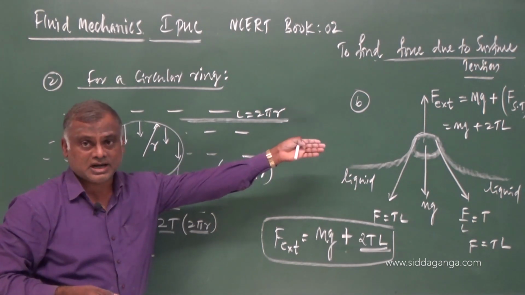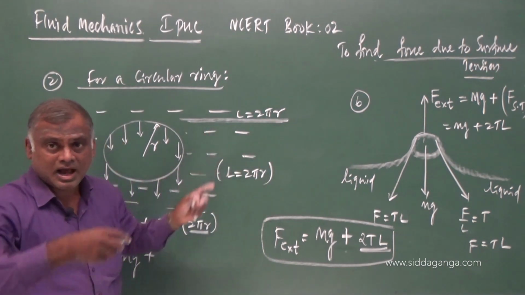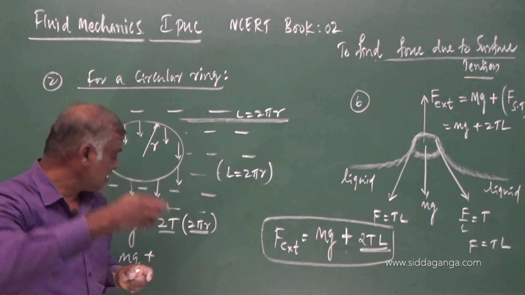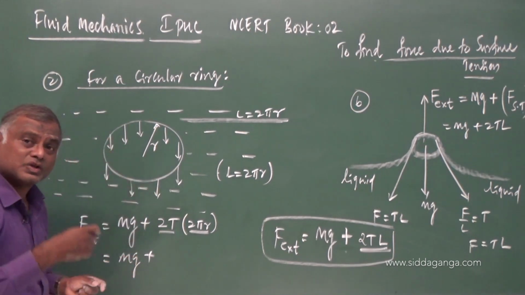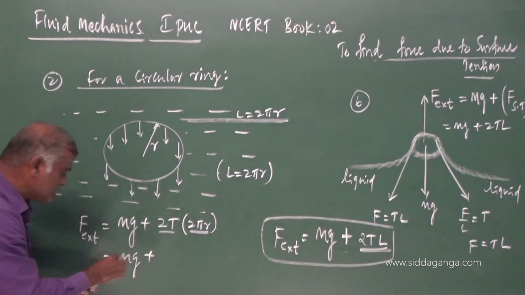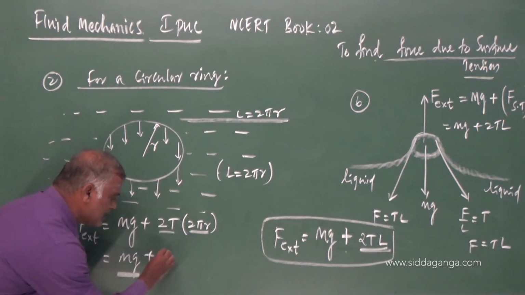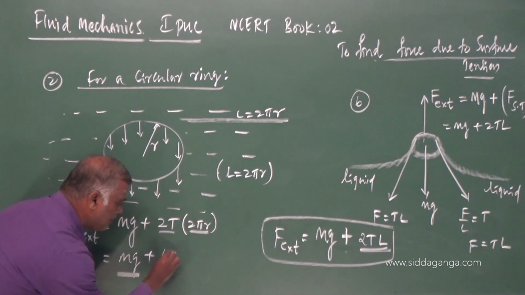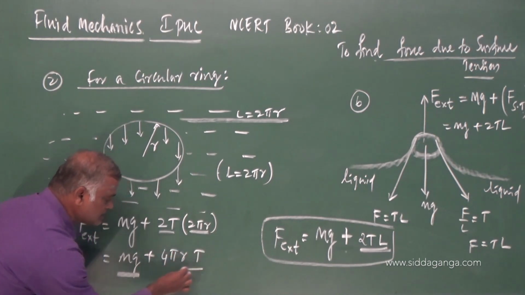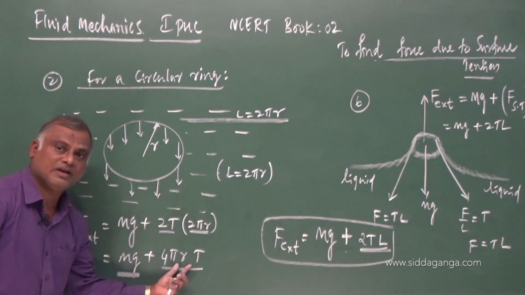Again, as we studied, now it is not at rest. I am lifting this. How much extra force is needed along with the weight? Along with the weight, I need extra, that is 4 pi R T. This is the force due to surface tension.